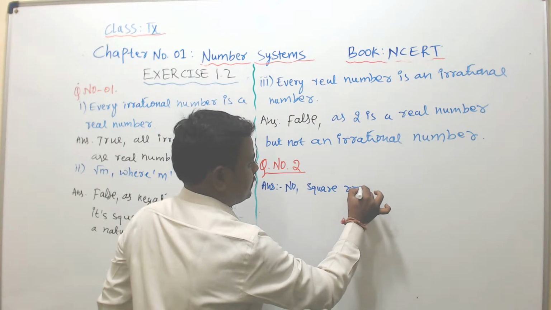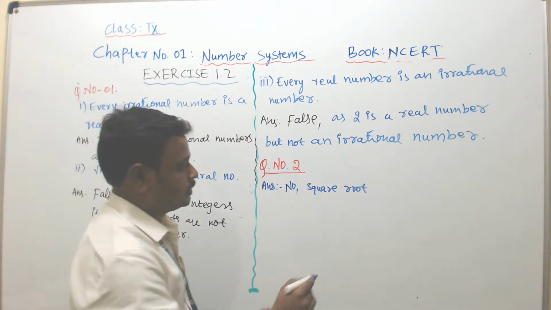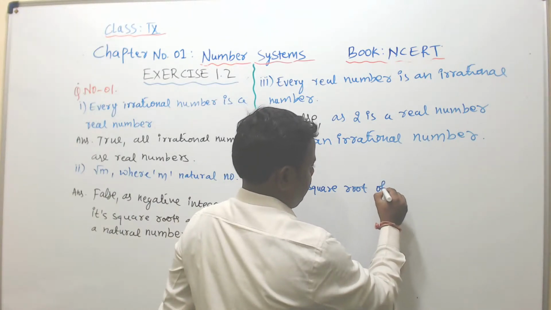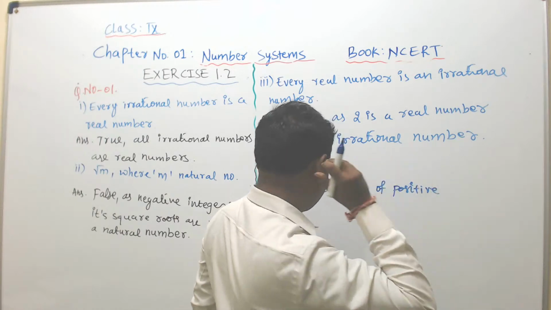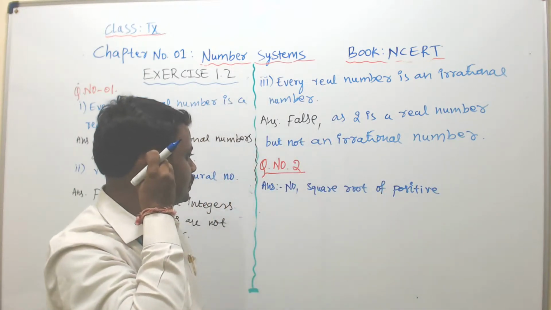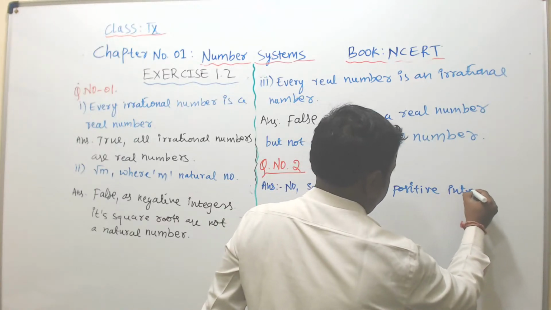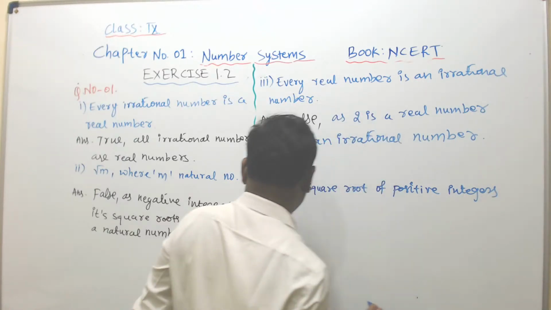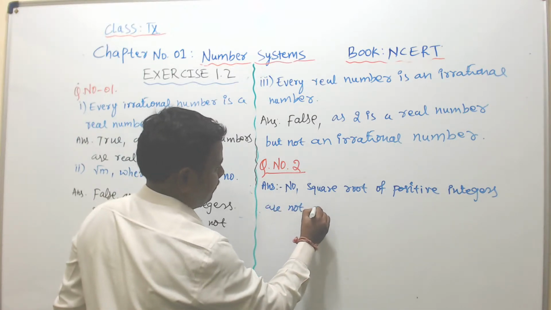Square roots of positive integers are not all irrational.